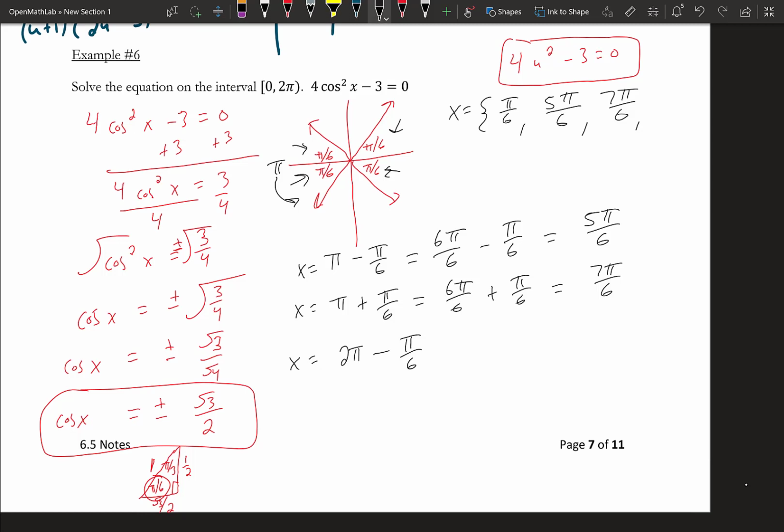So 2 pi with a denominator of 6 would be 12 pi over 6, and 12 pi over 6 minus pi over 6 equals 11 pi over 6. So that's the last solution for that.